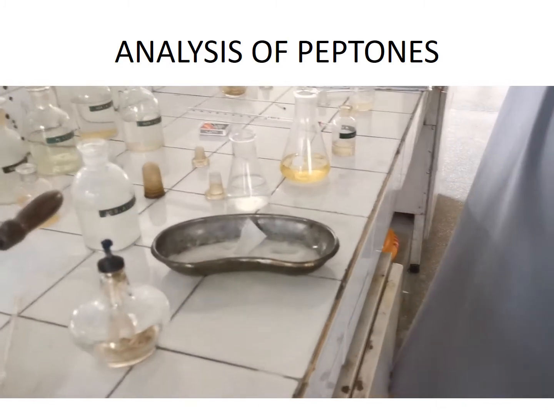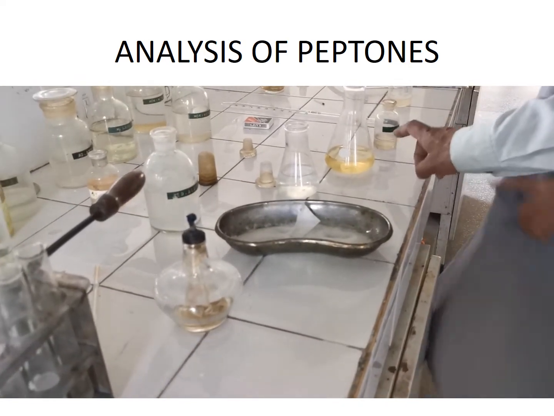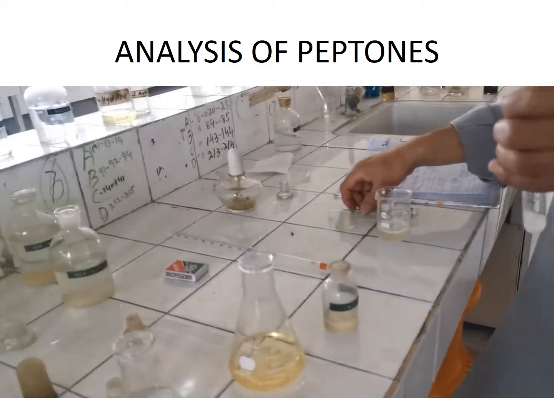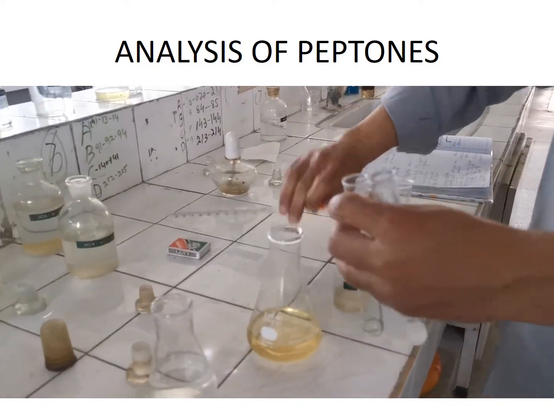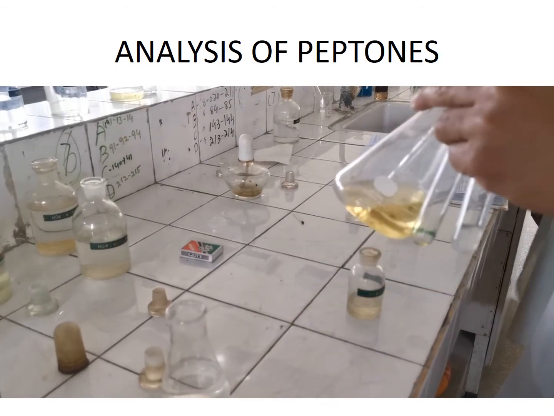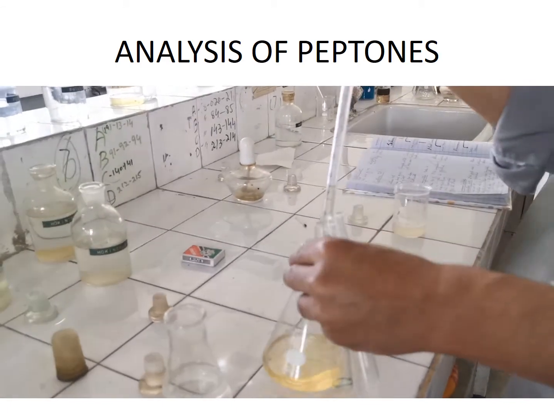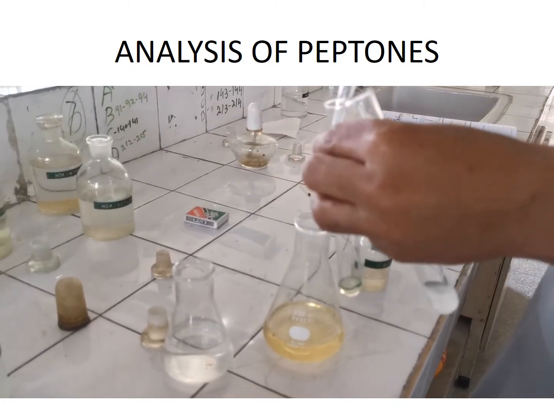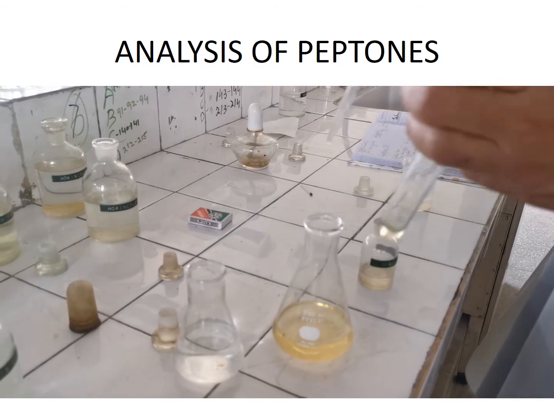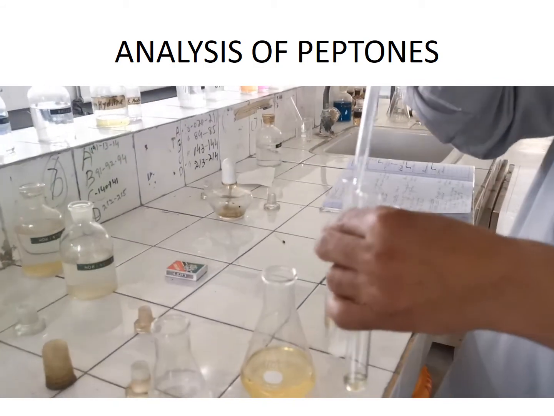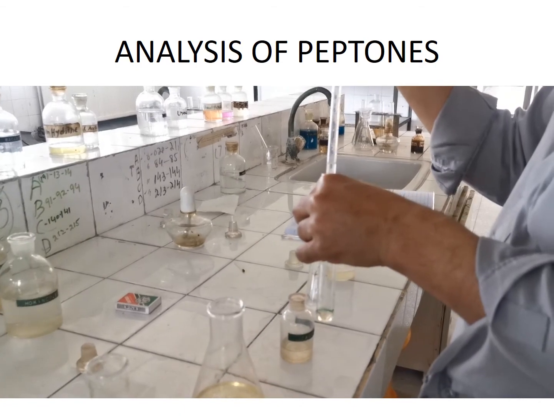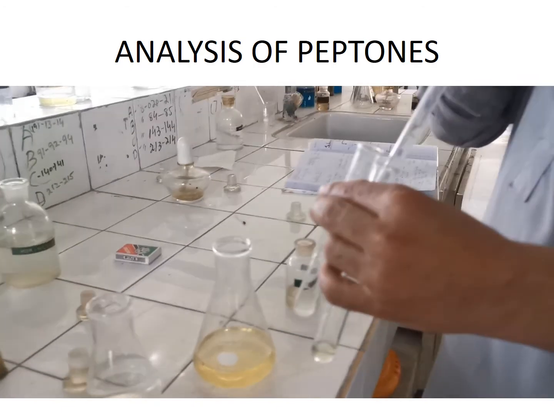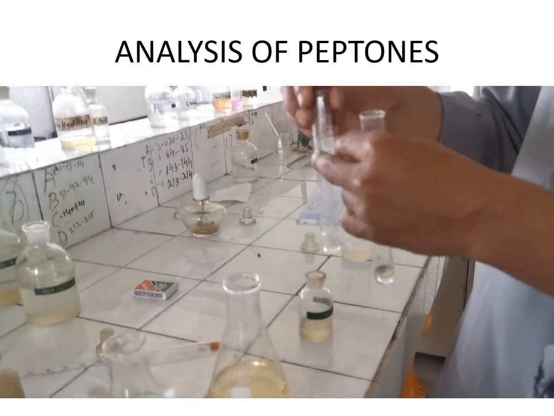We'll take 1 ml of this solution and add 1 ml of original solution. This is going to form 50% saturation solution, and we'll see if any precipitate is formed or not. No precipitate is formed again. This shows that the peptones are present.